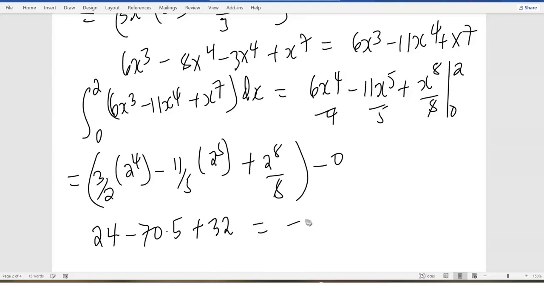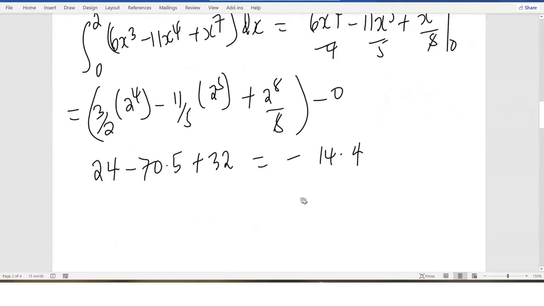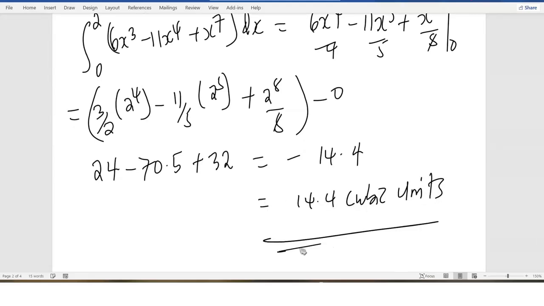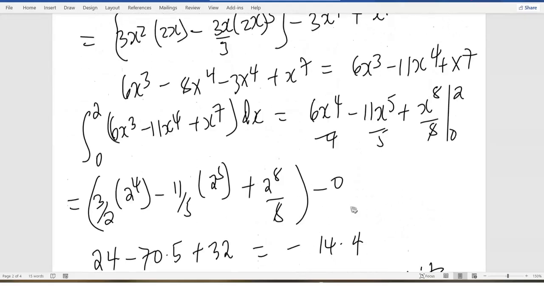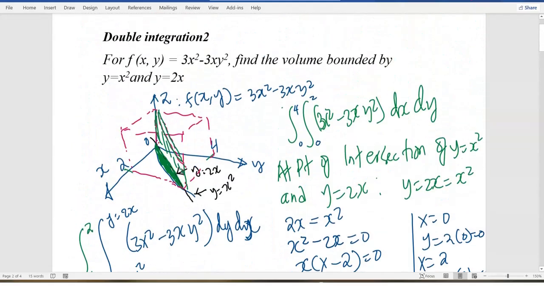So I find that I have negative 14.4. That would mean the volume itself is going to be 14.4 cubic units. If we are talking about volume, that's how we can deal with this problem.